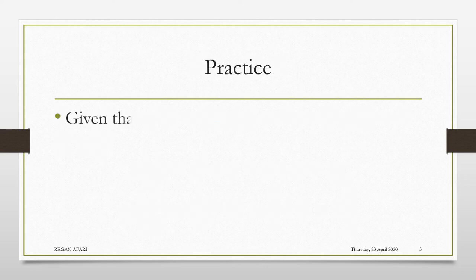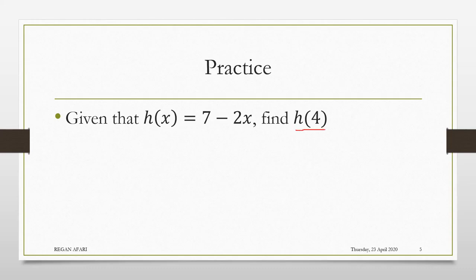I want you to take a minute and solve this, after which you can compare your answer with our answer. This is the question. Given that h(x) is equal to 7 minus 2x, find h(4). Now you have an input of 4, and you have to find the output.